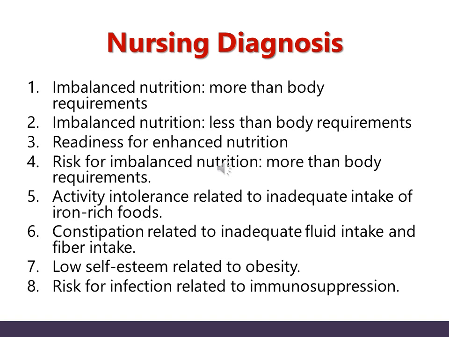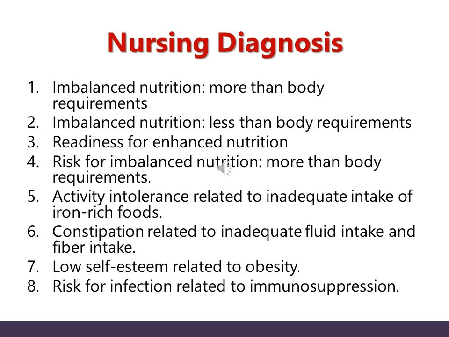If your patient is undernourished, the possible nursing diagnosis is imbalanced nutrition: less than body requirements. Okay? This is a potential nursing diagnosis if you can observe that your patient is verbalizing readiness or planning to improve the diet. Your nursing diagnosis is readiness for enhanced nutrition.